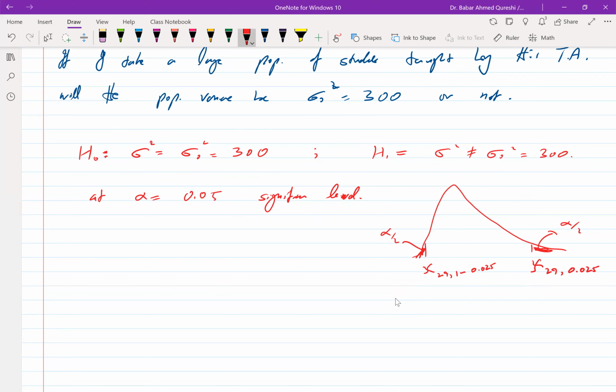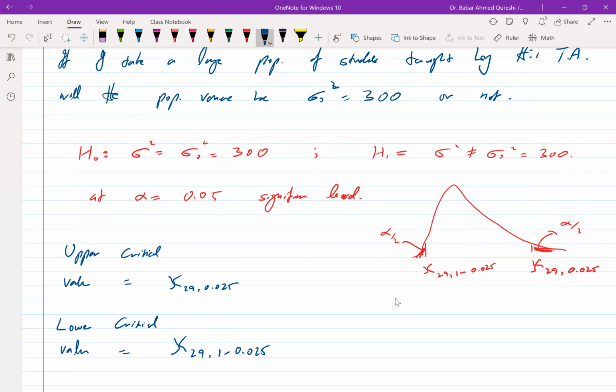So the upper critical value, which I'm just denoting like this, and the lower critical value. These are the numbers which I want to compute.